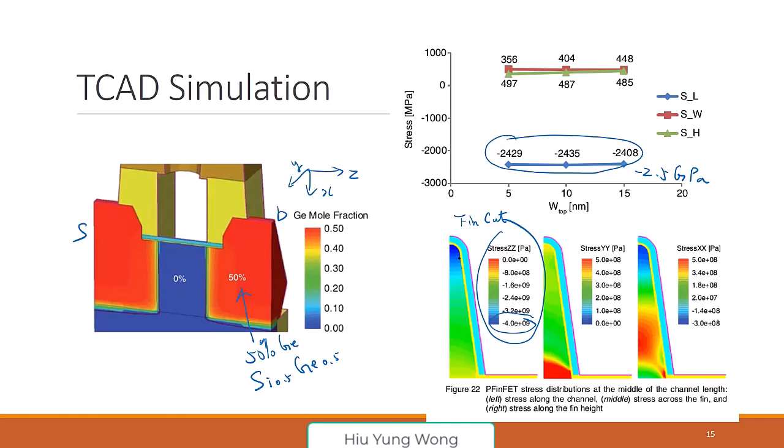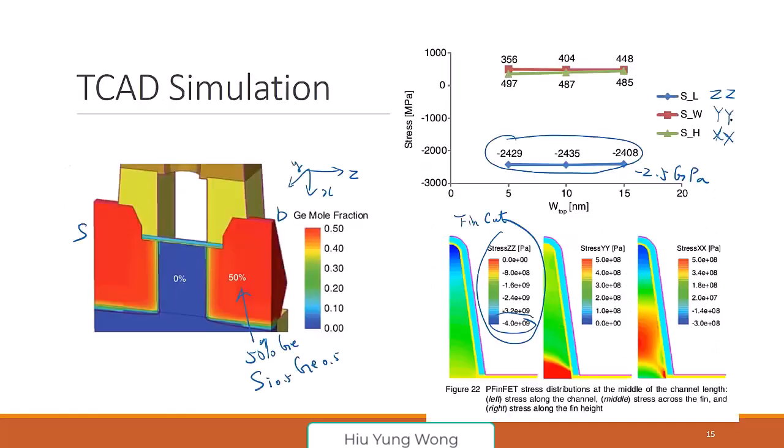So we don't use a stressor. We use the raised source and drain with higher mole fraction. Maybe I should swap this Z with this X. This should be XX, and this is YY.